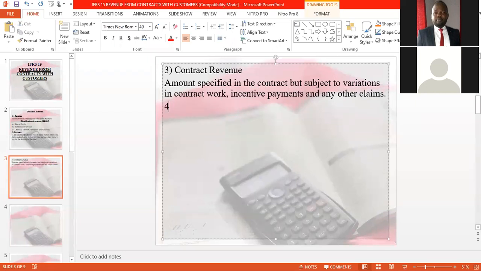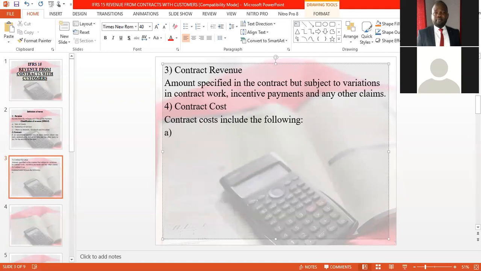Number 4, I will come back to that again. Contract costs. You know, for every revenue that you receive, there is a cost that you will incur. So what is contract costs? Contract costs include the following.